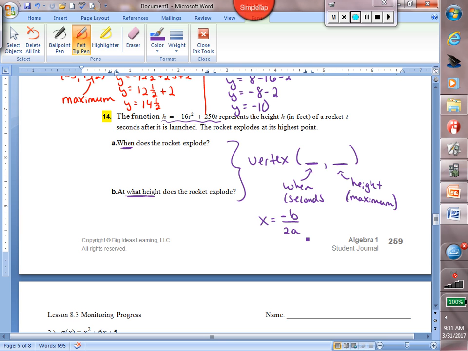So what we just worked through in questions 8 and 9. So if you want to know at what height it explodes at its highest point, that's going to be our maximum value. And then when does the rocket explode? That's going to be the x value. X is representing seconds in this case. So just a little hint there of how you might set up some of those questions.